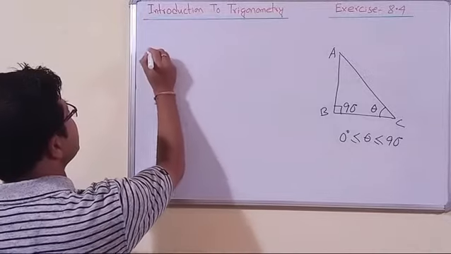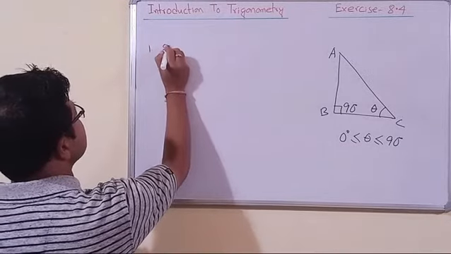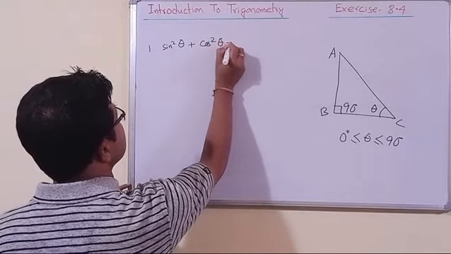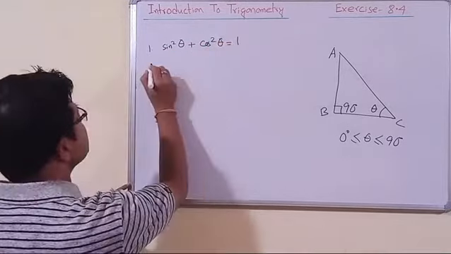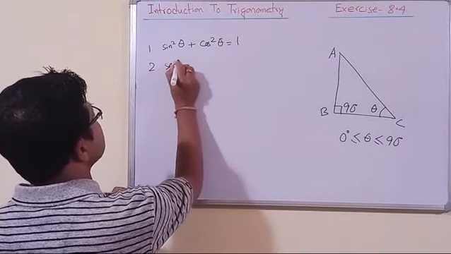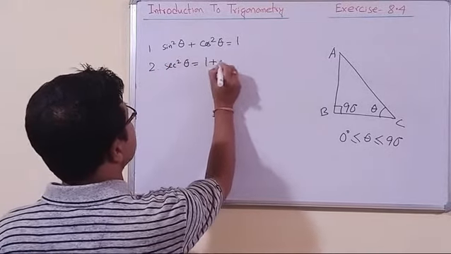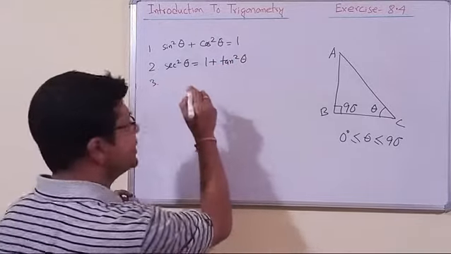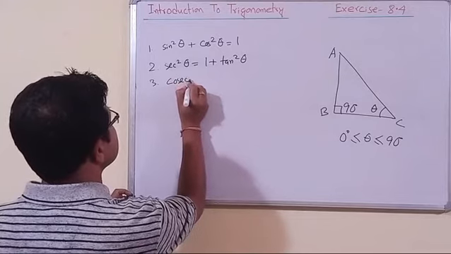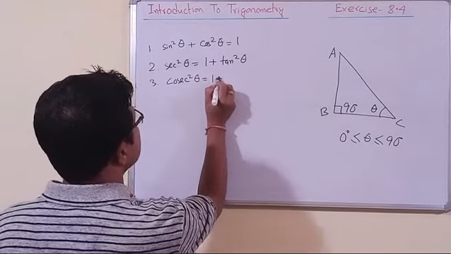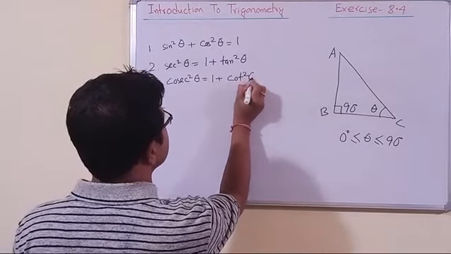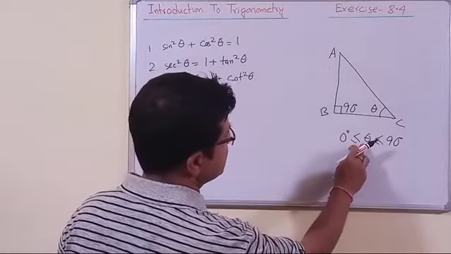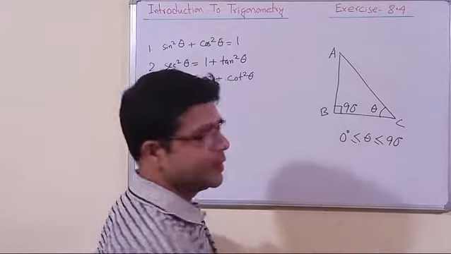Then we get three identities initially: sine square theta plus cos square theta is equal to 1. Second, sec square theta equal to 1 plus tan square theta. After that, one more, cosec square theta equal to 1 plus cot square theta. These are identities for values of theta between 0 to 90 degree.